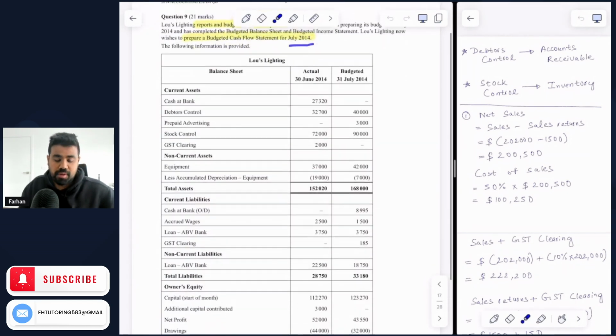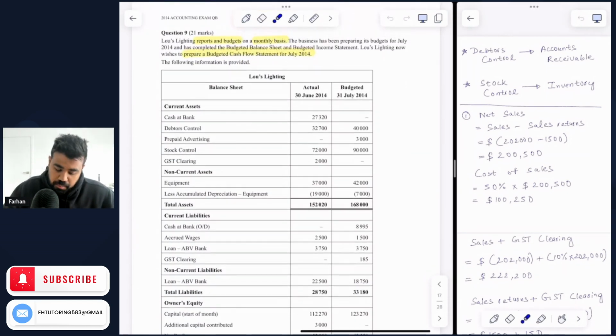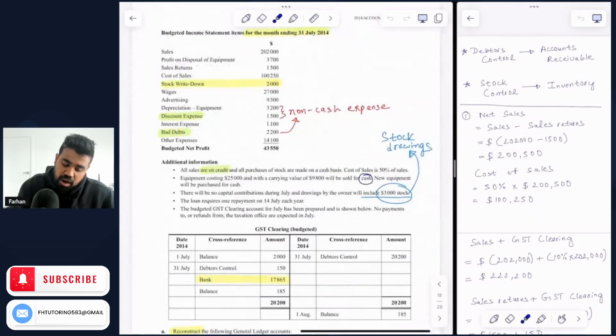So we understand that the business reports on a monthly basis, and you are given the balance sheets for two different periods: the actual results at 30 June 2014 and the forecasts for the period ending 31 July 2014. You're also given the budgeted income statement for the month ending 31 July 2014 and some additional information together with the GST clearing budgeted account.